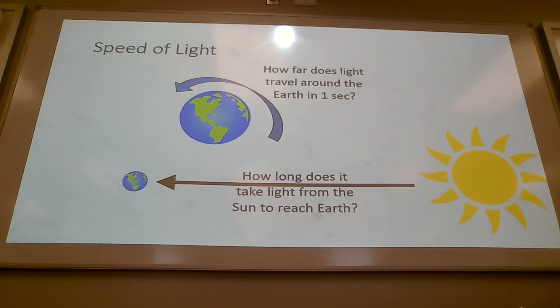So if the sun were to stop shining right now, we wouldn't know about it for 8 minutes. When we look at the sun, we're seeing what it was 8 minutes ago. You okay with that?